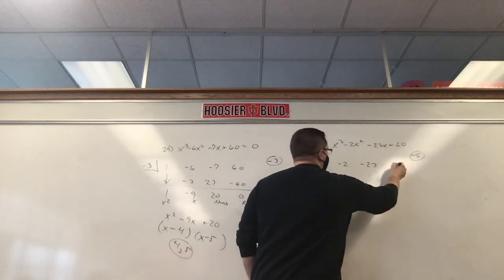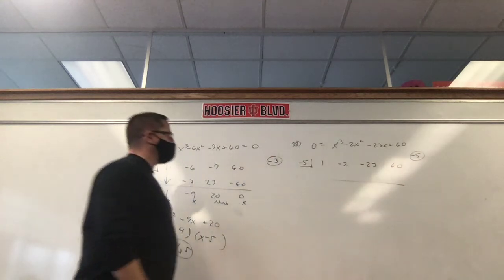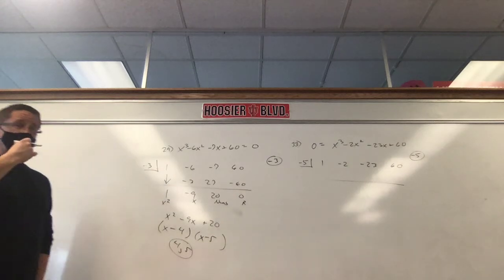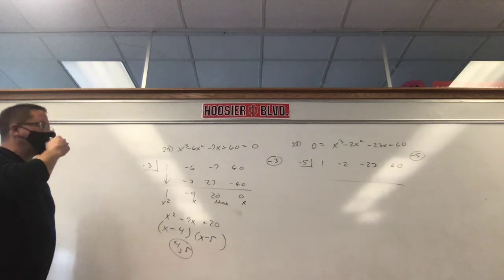Watch the negatives. Okay, I'm going to shut my mouth so you guys get the other two answers. Do synthetic division and see if you can get the other two answers.